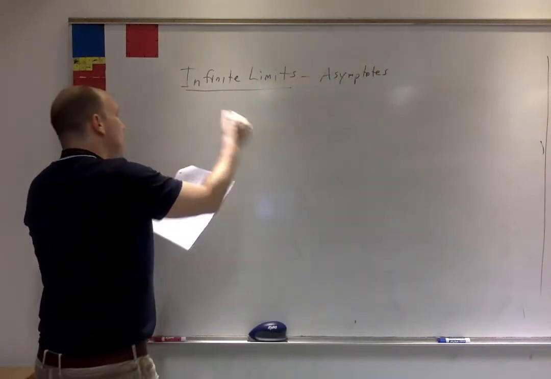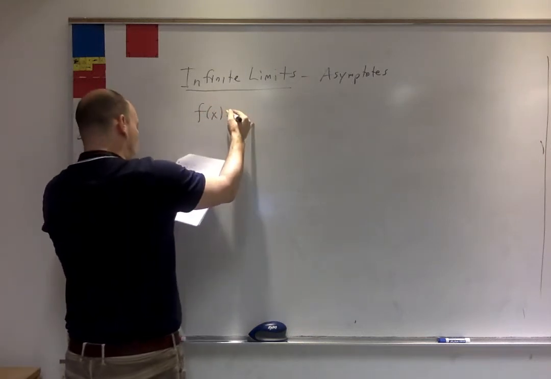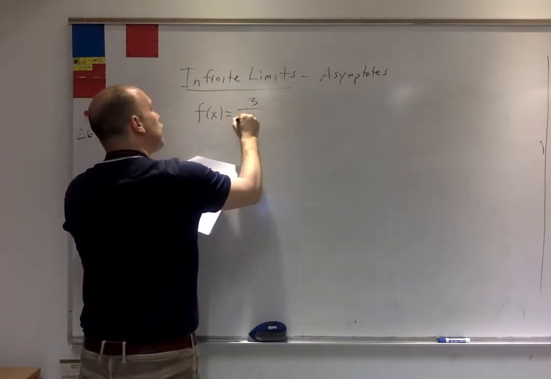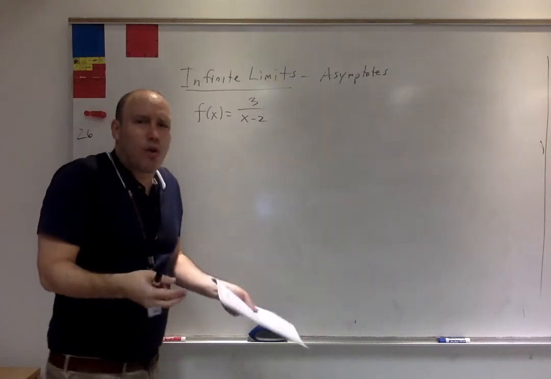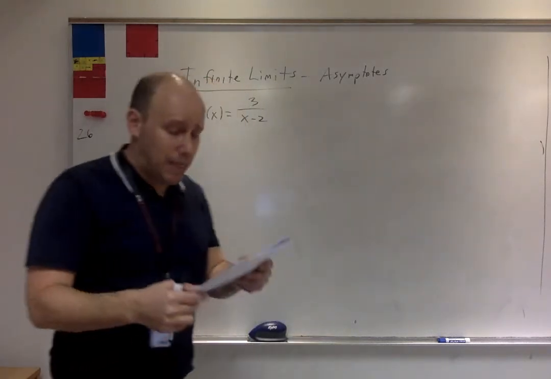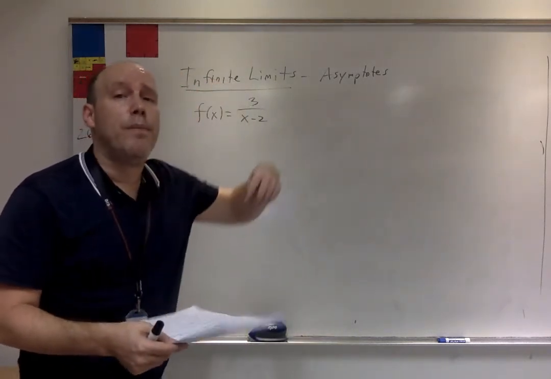So, f of x equals 3 over x minus 2. We've discussed this earlier on. We said the limit doesn't exist because it's unbounded.